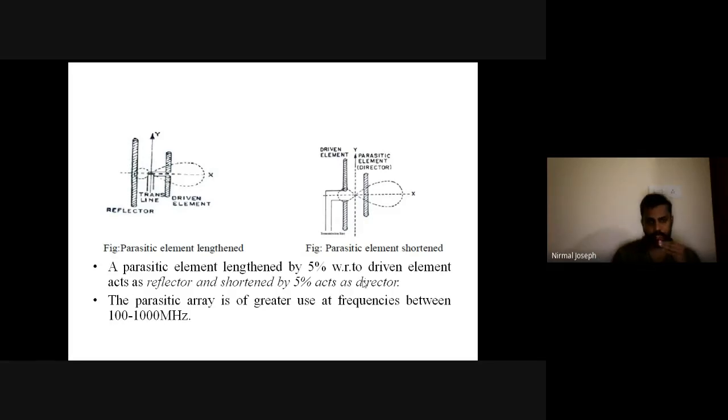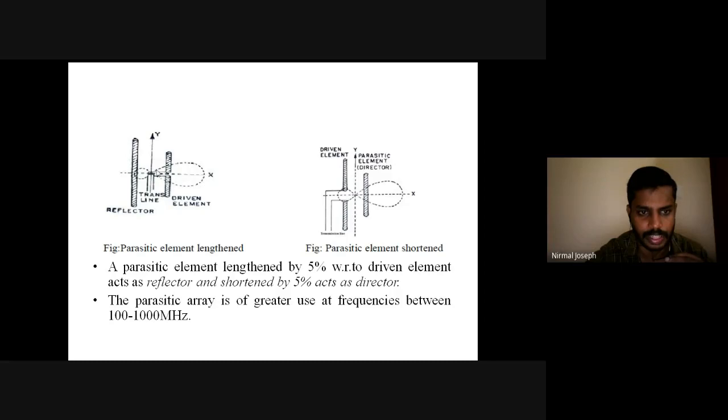That is what is shown here. On the left hand side, you can see the reflector, which has more length compared to the driven element, and it can reflect the electromagnetic waves incident upon it to this direction.